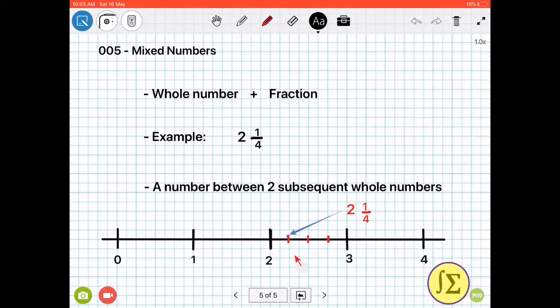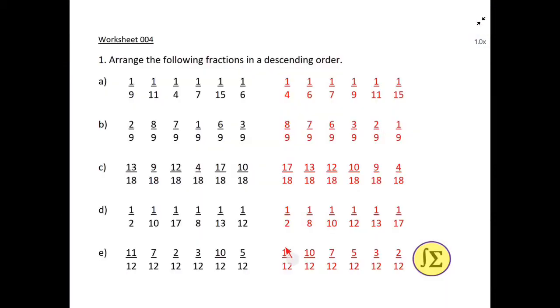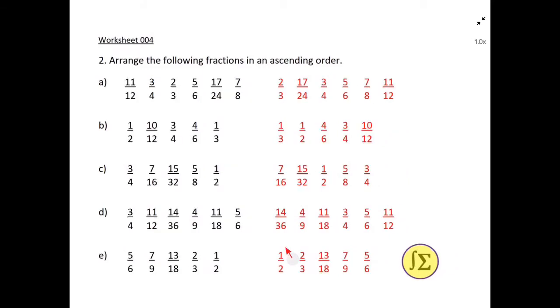So before we look at some sample problems, these are the answers to worksheet 004 which I presented in the last video. These are the answers for question number 1. The answers for question number 2.